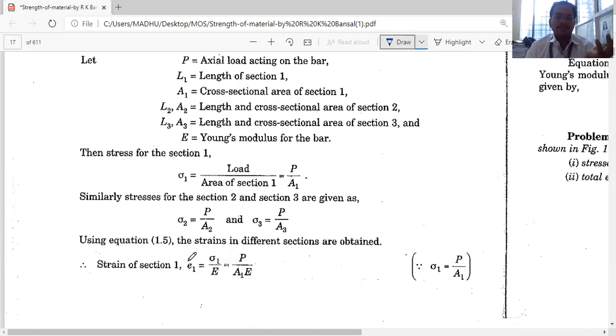Next, strain is change in length by original length. Or when you know sigma and you know the material, E is equal to stress by strain. So the small e, strain, is equal to stress by Young's modulus. e1 is equal to sigma 1 by E, that is P by A1E.